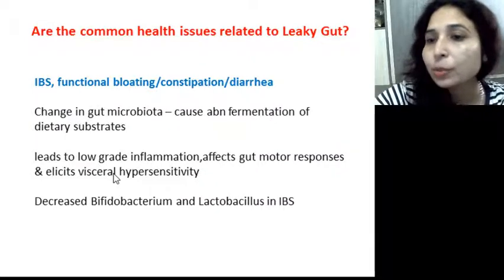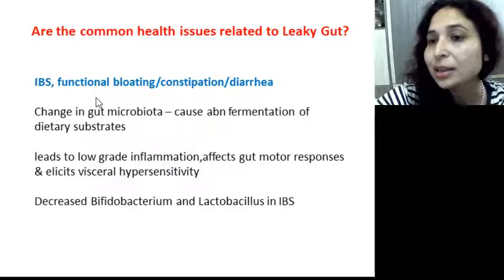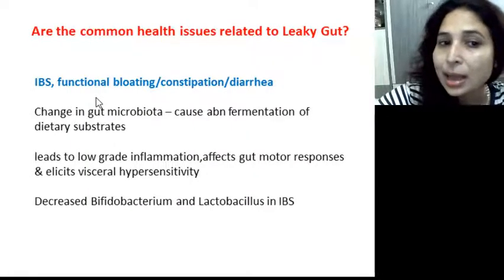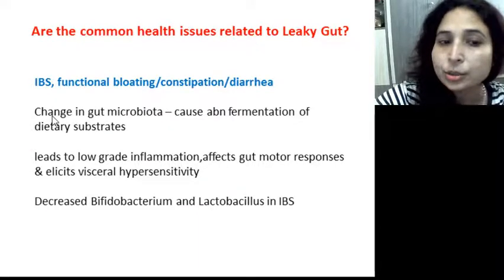So one of the common problems is IBS, called irritable bowel syndrome, and this is related to leaky gut. This can happen if there is a change in gut microbiota.